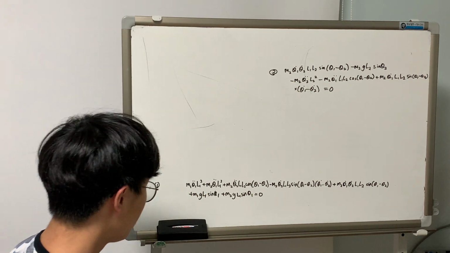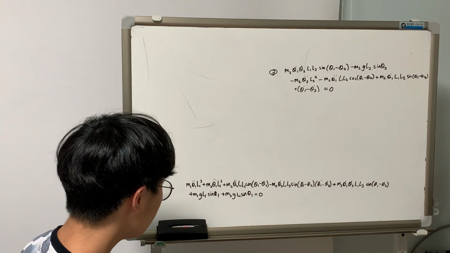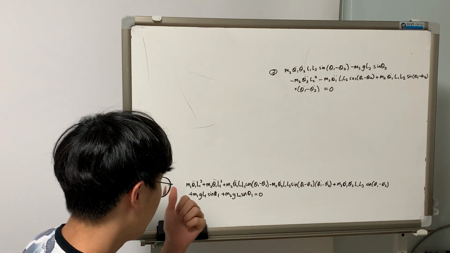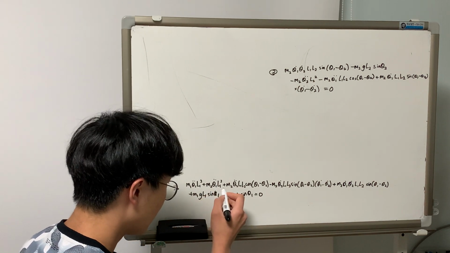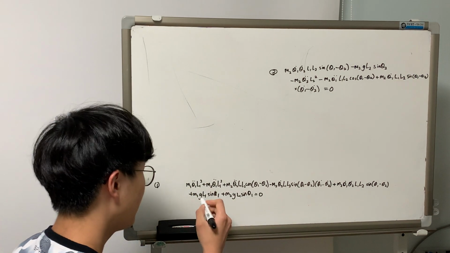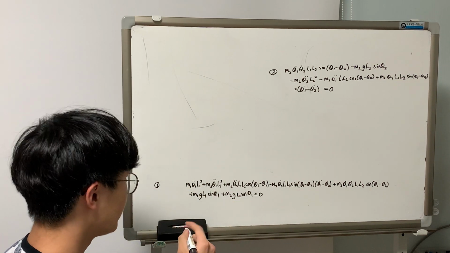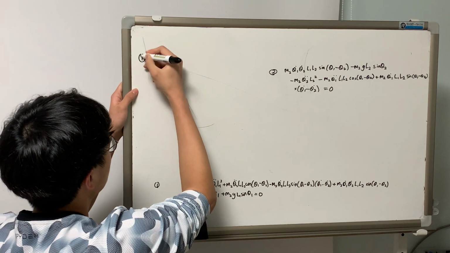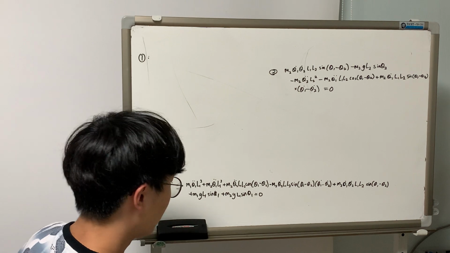In equation 1, we see that all of the terms have L1 in it. So this term here has L1, L1, L1, L1, L1, L1, and L1. And so what we're going to do first, for equation 1, is divide everything by L1.